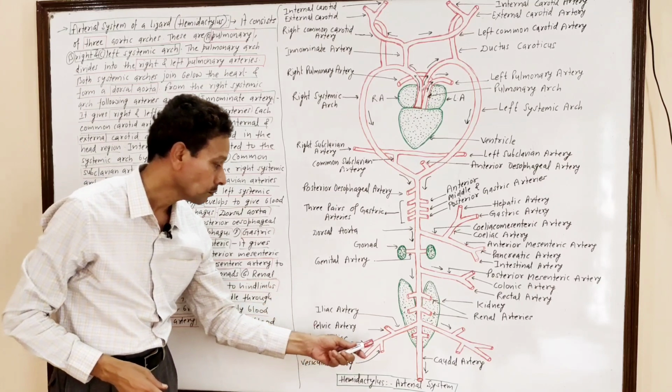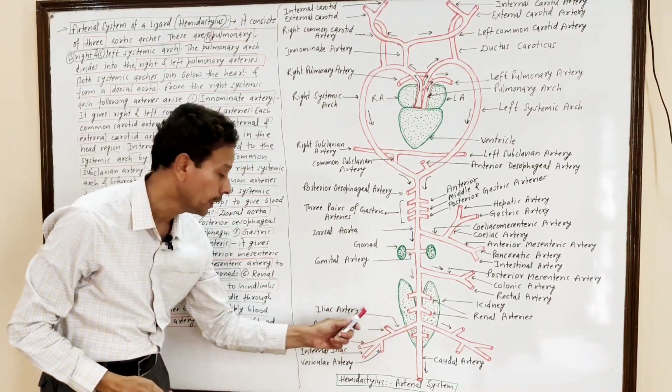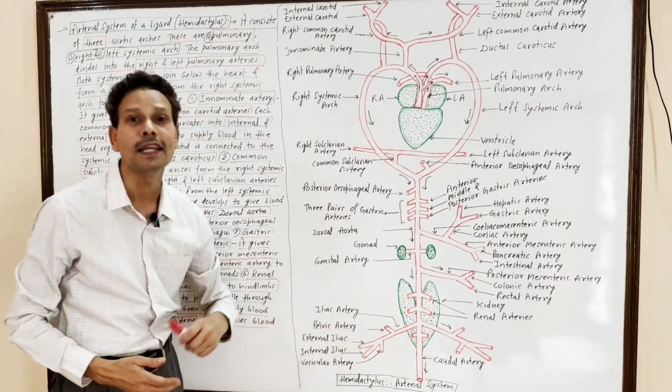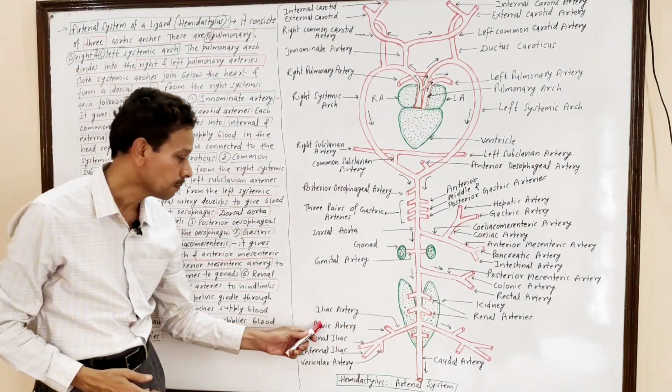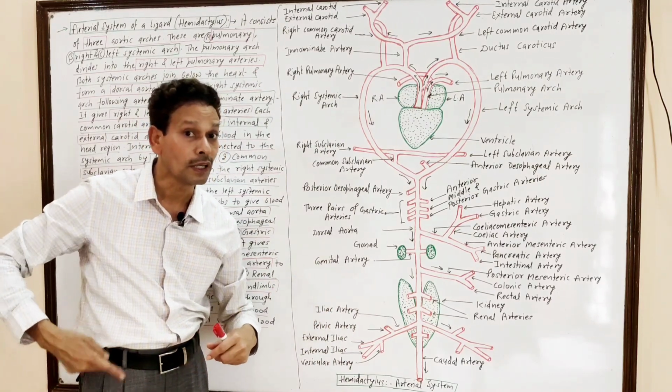Now down, in the pelvic region, this iliac artery gives a pelvic artery, and this pelvic artery supplies blood to pelvic girdle.